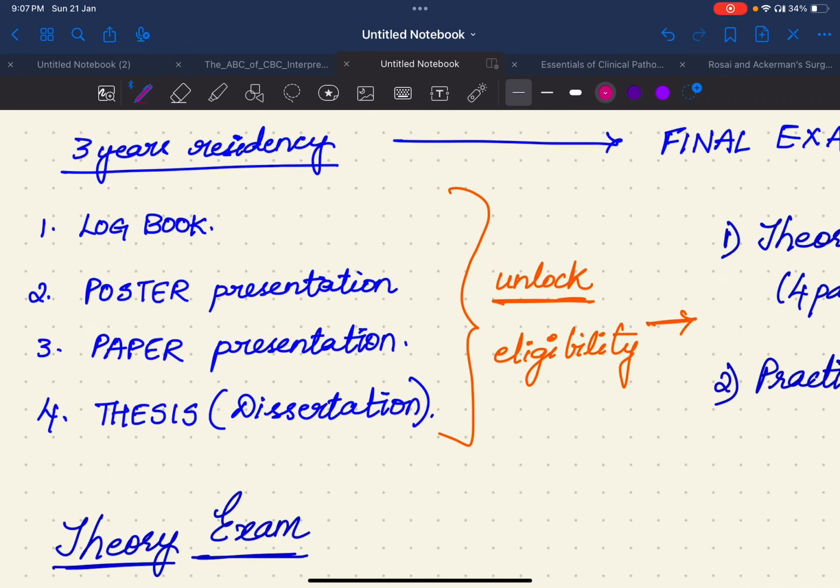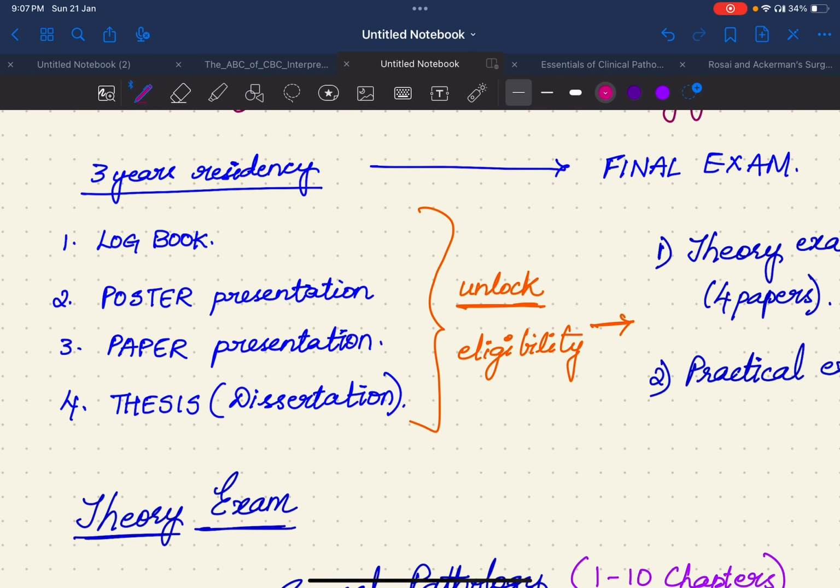So, the prerequisites are, firstly, the logbook entry. Each institution has a separate logbook. You will have to record all your daily activities in that logbook, like on a daily basis, what all slides you do, what all reporting you do, what all peripheral smears, the fluids you see, or histopath slides you see, or what all procedures you perform.